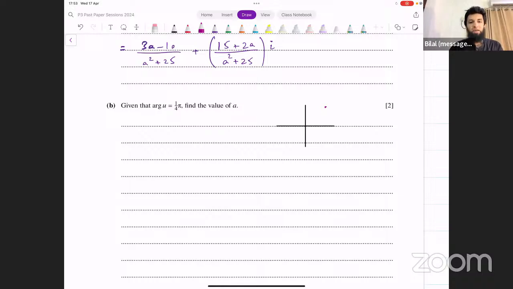Now it's 45 degrees. That means it's exactly in the middle of these two axes. This is imaginary axis, and this is the real axis. The total angle between the axes is 90 degrees or pi over 2 radians. Since this angle is pi over 4, it's exactly half of that. And we just talked about this in the previous example as well, when we drew a locus earlier.